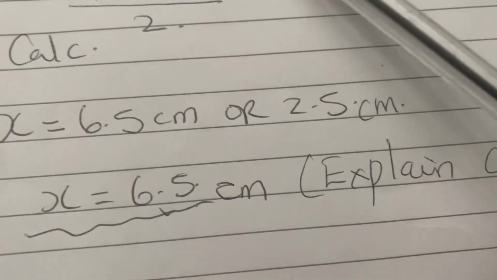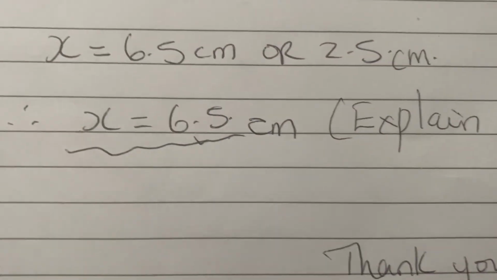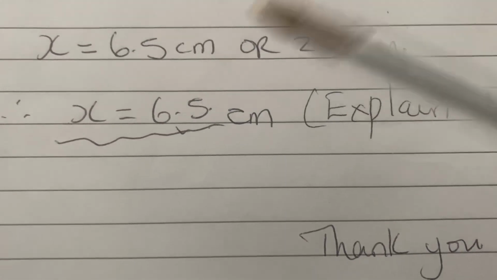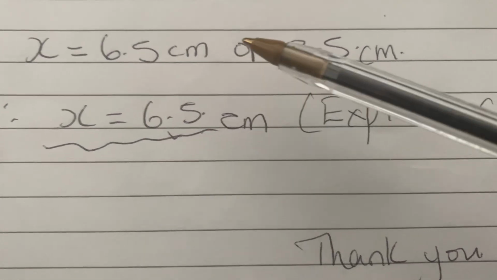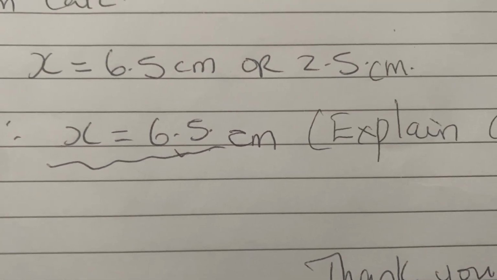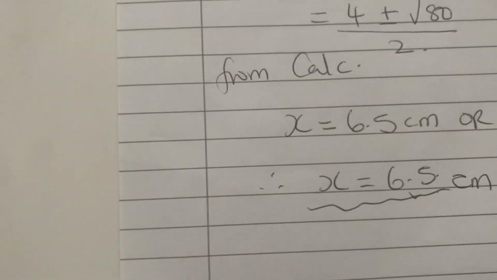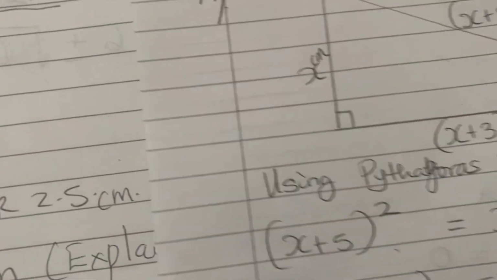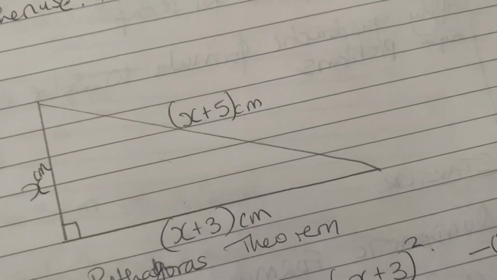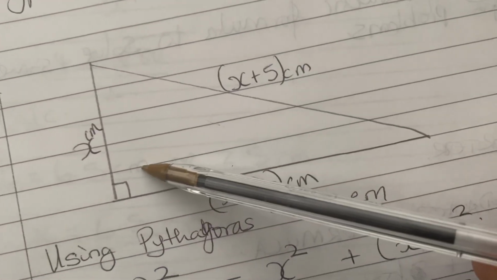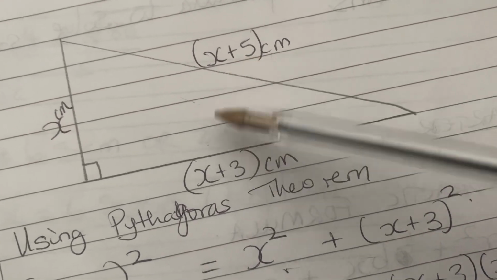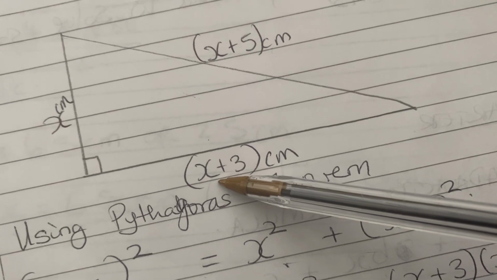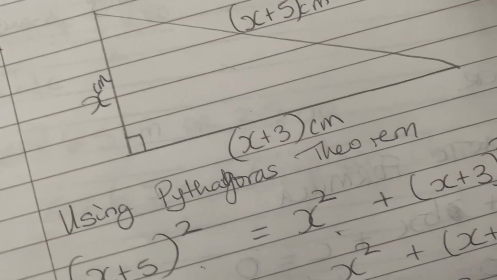Now here again, we have two positive answers, but I'm going to choose 6.5 and I'm going to take you to the diagram and explain to you. So if you look at the diagram carefully, if I choose 2.5 as x and 2.5 here and 2.5, it will make a lot of sense.